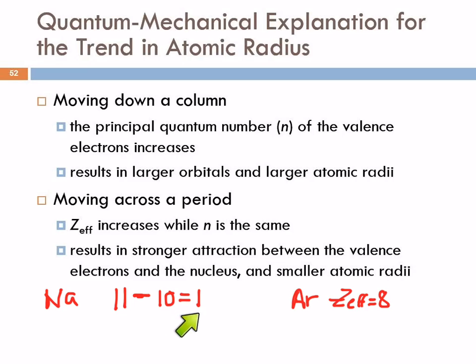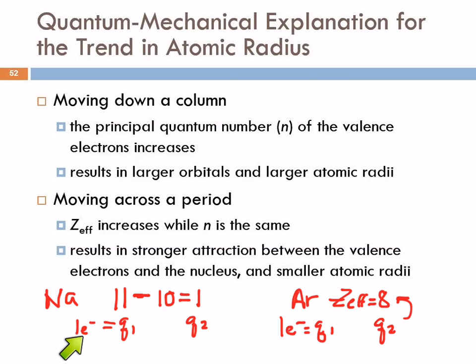If we think of this effective charge as being Q2, and here we have our 1 electron with Q1, we're comparing, and the effective nuclear charge, Q2, is going to be 8.